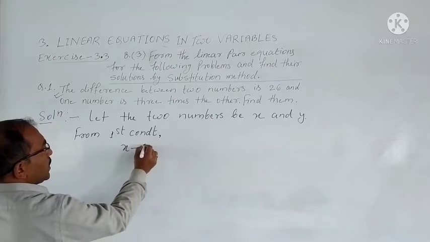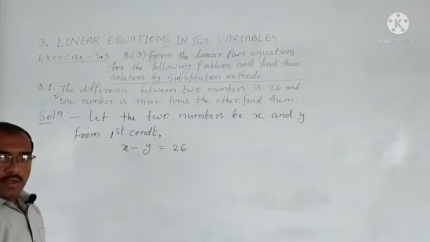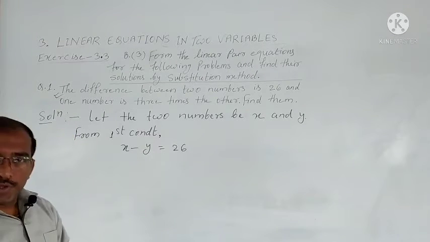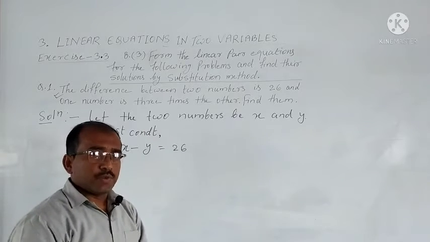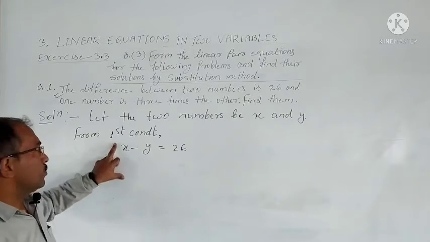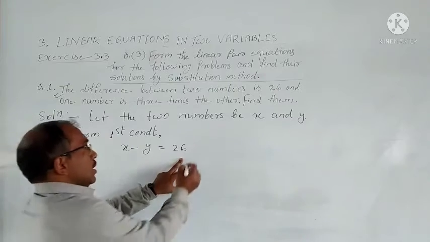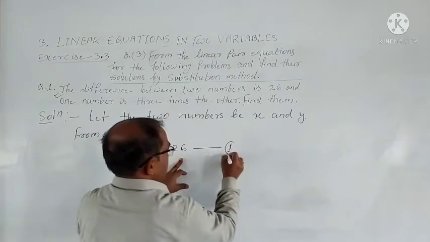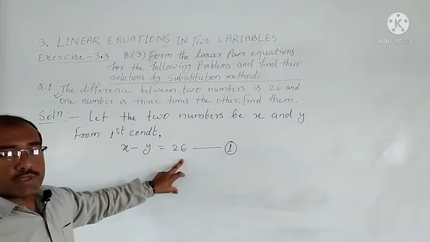So clearly we will write x minus y is equal to 26, and this is an equation itself. We know linear equation form ax plus by equal to c or ax plus by plus c equal to 0. So we are getting here 1x minus 1y equal to 26. We got the linear equation. So it is very simple. Once we understand, we can convert the statement into equation.